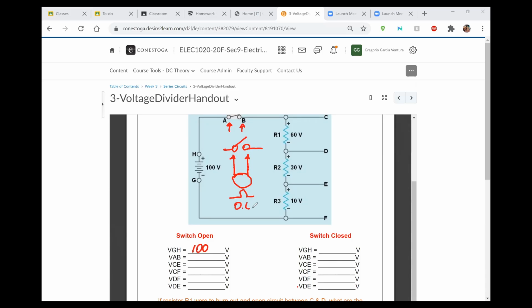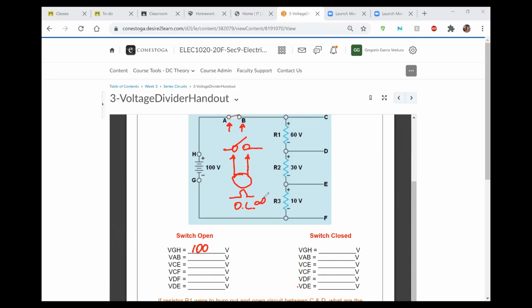OL means that it's going to be over the limit of the ohm meter to be able to measure that value. Probably with a megger we would be able to get something, but chances are we won't get anything at all. It's just going to be reading OL, even with a megger that can read gigaohms. So the amount of resistance that we have through an open switch is equal to infinity.